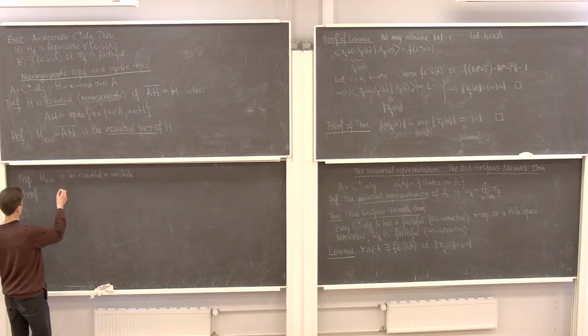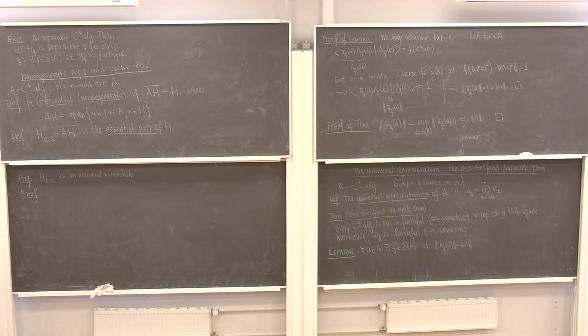So the proof is based on the fact that A has an approximate identity.